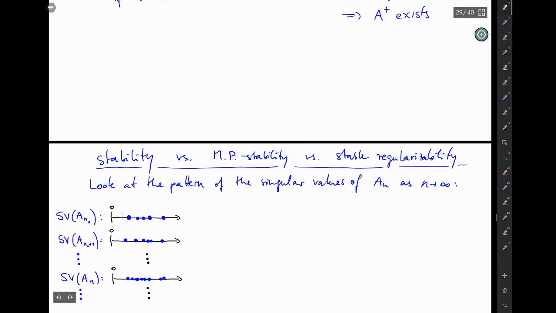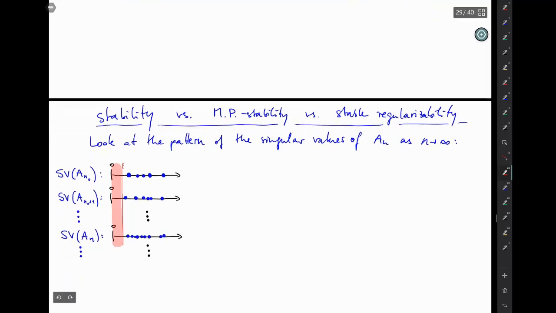So you can draw a line somewhere here, let's say at epsilon, such that no singular values enter this forbidden region here. So they are all bounded away from 0, and thereby the norm of the inverse, which is 1 over the smallest singular value, is bounded from above, so it's bounded away from infinity uniformly over all n, starting with n equal to n0.